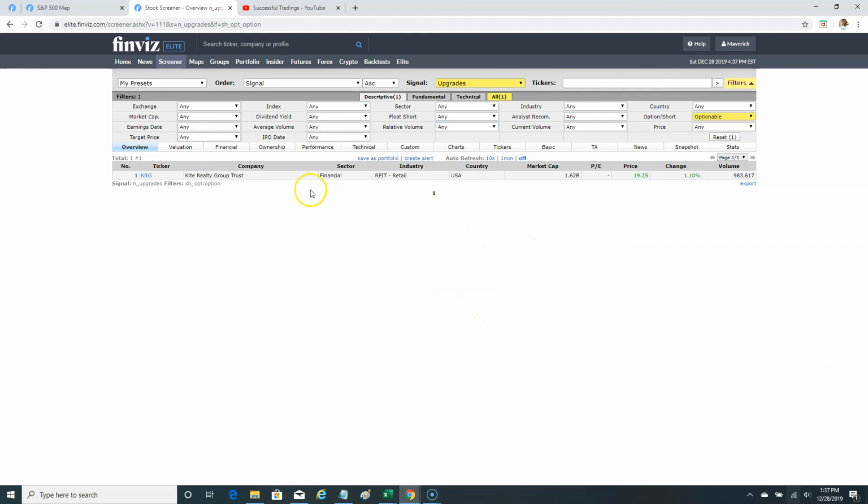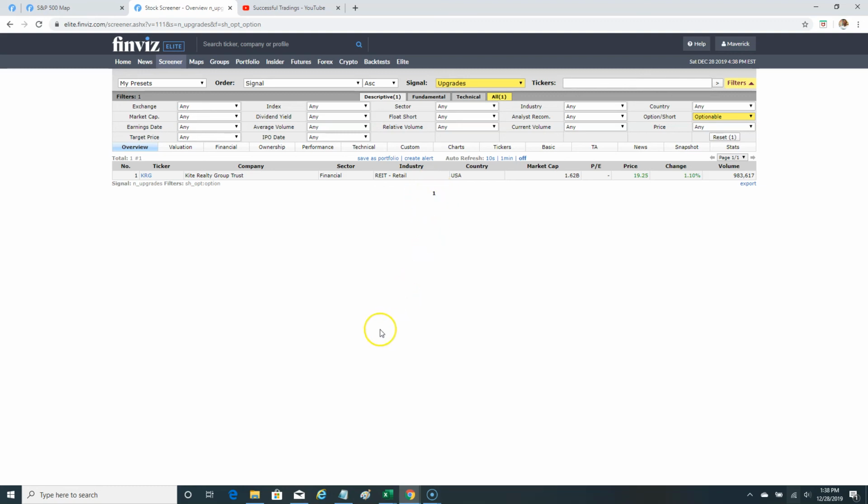But I leave you with this. Why am I interested in this strategy, and why is the screener helping me do that? We have performed backtesting through software that actually shows that when it comes to upgrades and downgrades, the winning probability is between 55% and 65%.